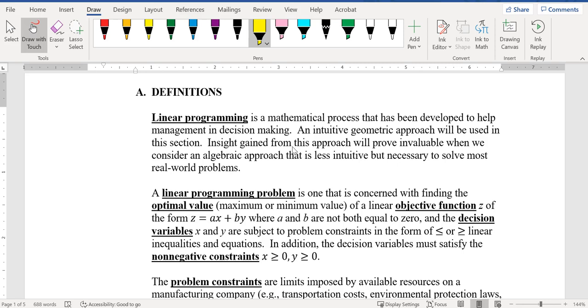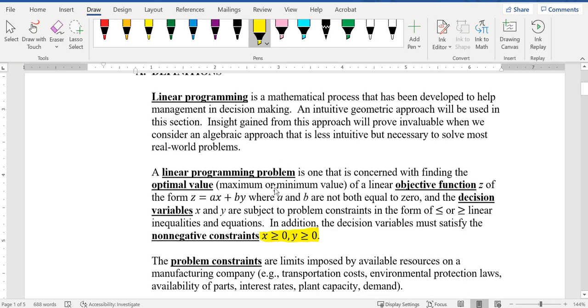In addition, the decision variables x and y must satisfy what are called the non-negative constraints. In other words, x greater than or equal to 0 and y greater than or equal to 0. And if you'll remember, those two constraints restricted us to the first quadrant when we're graphing.